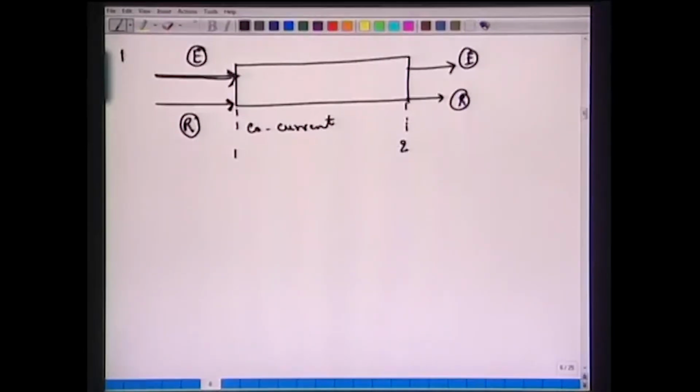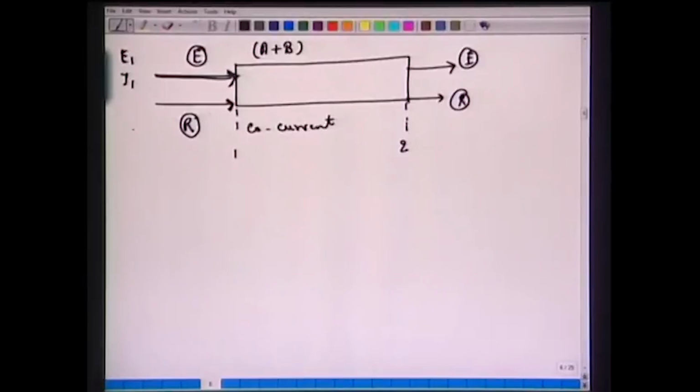Here the molar flow rate is E1, and let's take binary species A and B. The mole fraction of A, which diffuses between the two phases, is Y1. So we have E1 and Y1.